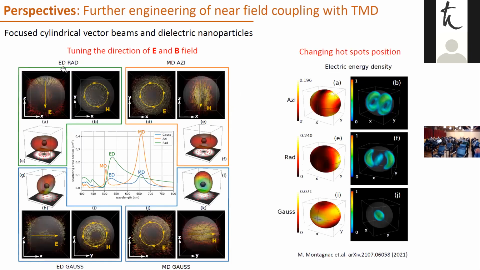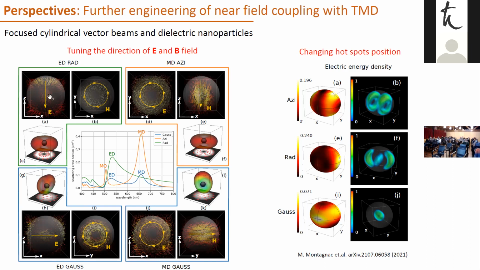Now, if we shine this type of beam on a silicon nanoparticle, here is what happens for the Gaussian beam, the one we used previously. The light is shining from the top, so you have an electric dipole in your particle this way, and the magnetic field is rotating around.